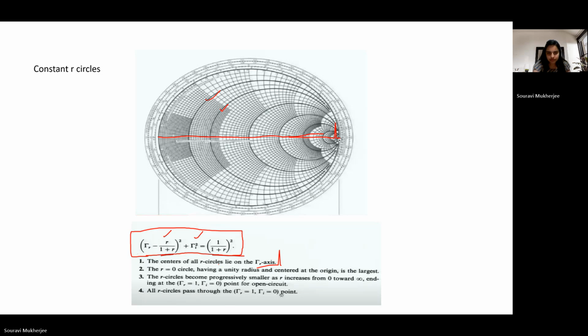So as you can see here, with increasing value of R, your radius decreases, right?